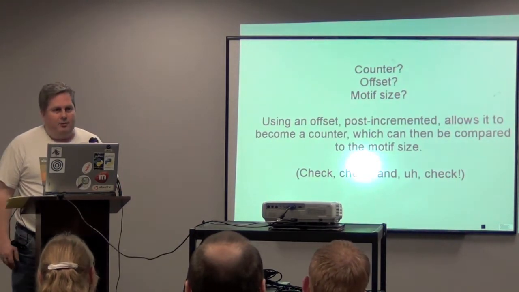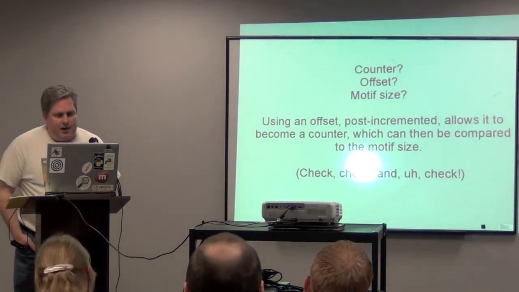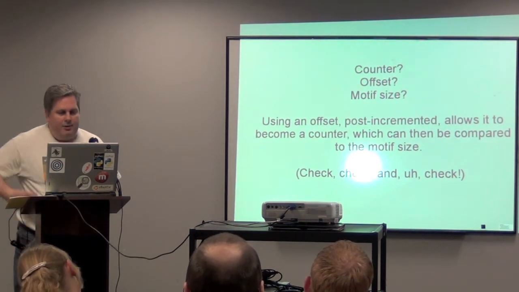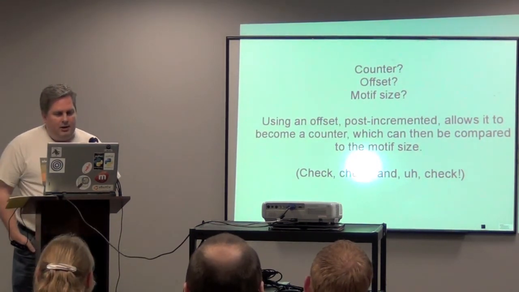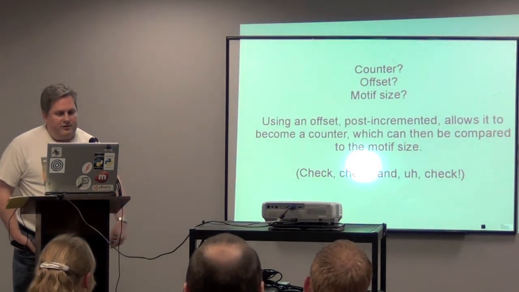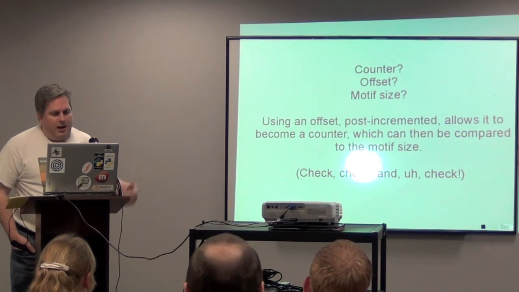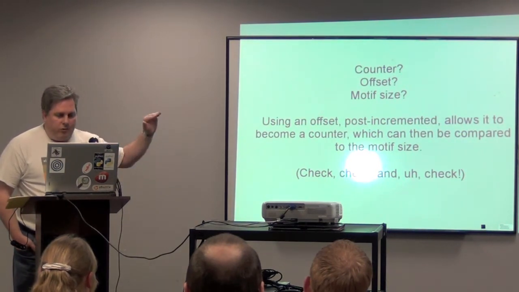Any of you run into problems where you have to reconcile counters and offsets? Well, I wound up writing the code so that I could reconcile all 3 of those ways of viewing the counter.